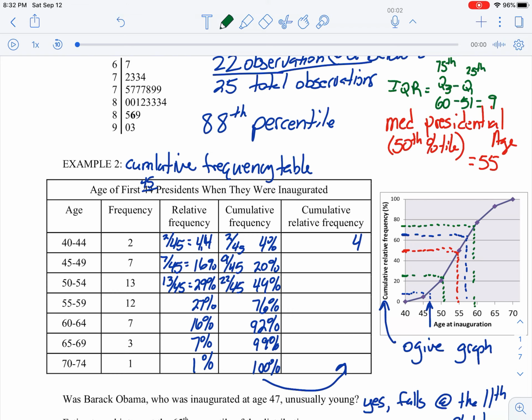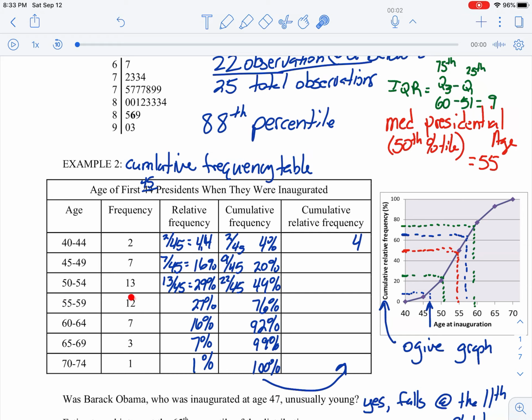In reality, we could figure this out by hand, because we know all of these numbers. We have 45 presidents, so half of that, the 23rd, is going to be my median. The problem is I don't know where 23 falls. There's 2, there's 7 to make 9, there's 22.